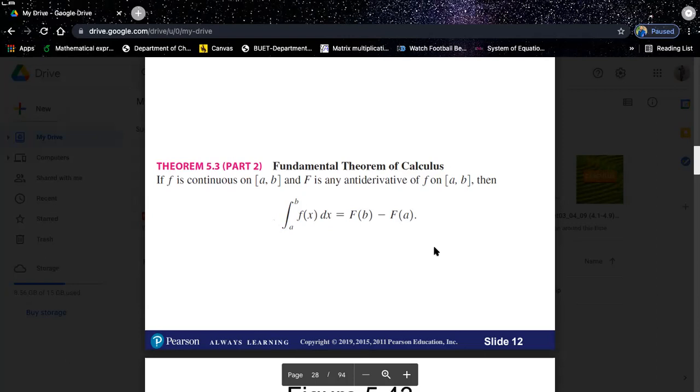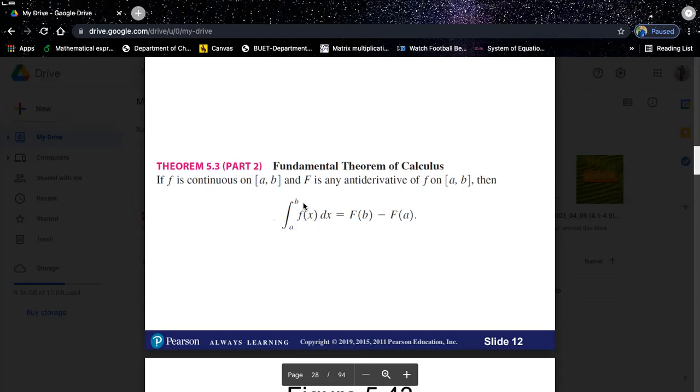Exactly. Very good. If you remember, when we found the definite integral of a certain function, what we did is, first of all, we found the antiderivative of this particular function.